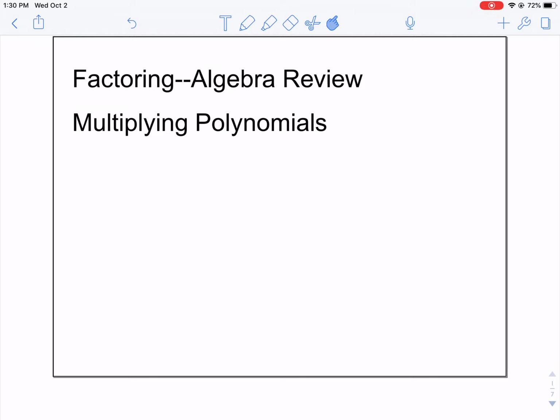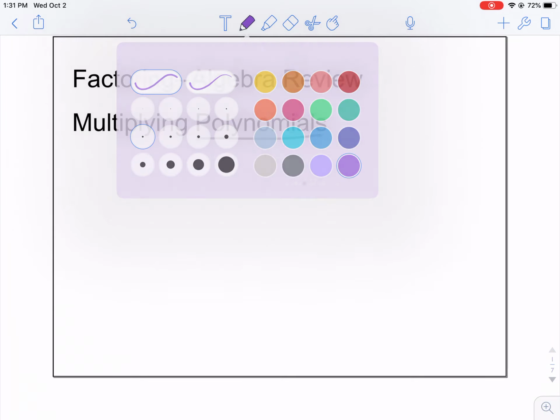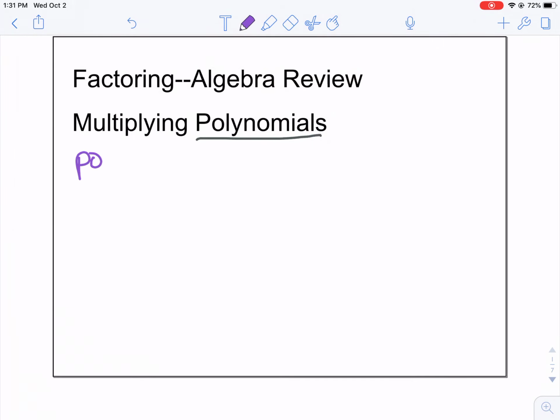So the first thing we're looking at is just an algebra review on multiplying polynomials. First of all, you have to know what a polynomial is. Poly means many, and nomial is kind of like terms, so it means many terms.